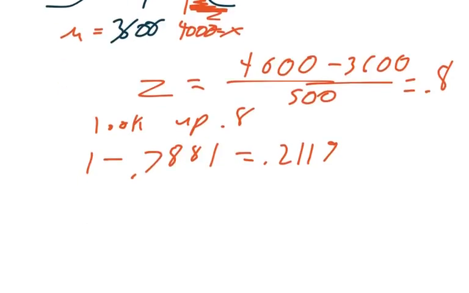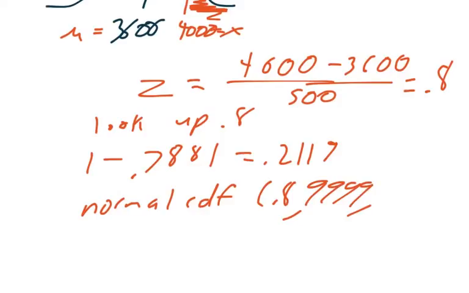For those of you using the calculator, we have normal CDF from 0.8 to a really big number with a mean of 0 and a standard deviation of 1, which should give us the same answer of 0.2119 when we round to 4 decimal places.